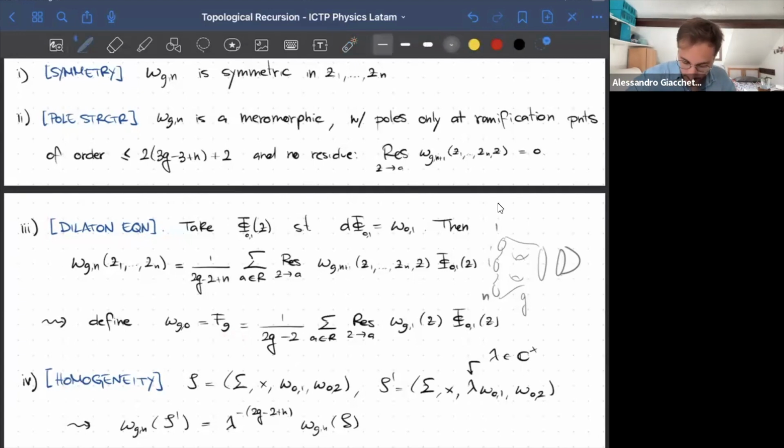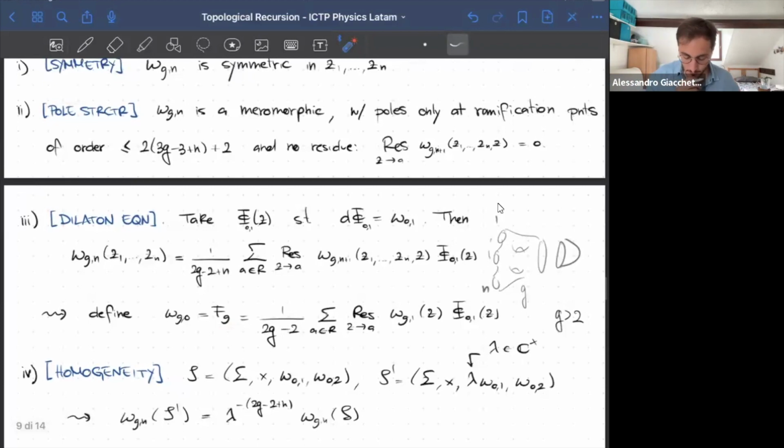Again, this only makes sense when g is greater than 1. You can see that when g is equal to 1, there's a problem here, but there's still a way to define F_1, and there's also a way to define F_0, but let me skip on this. It's not so important.